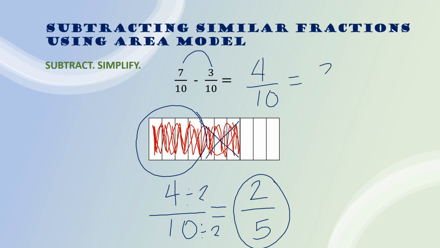Simplify. 2/5. Our answer is the same. So again, if you are subtracting similar fractions, just subtract the numerators, copy the denominator, then simplify.